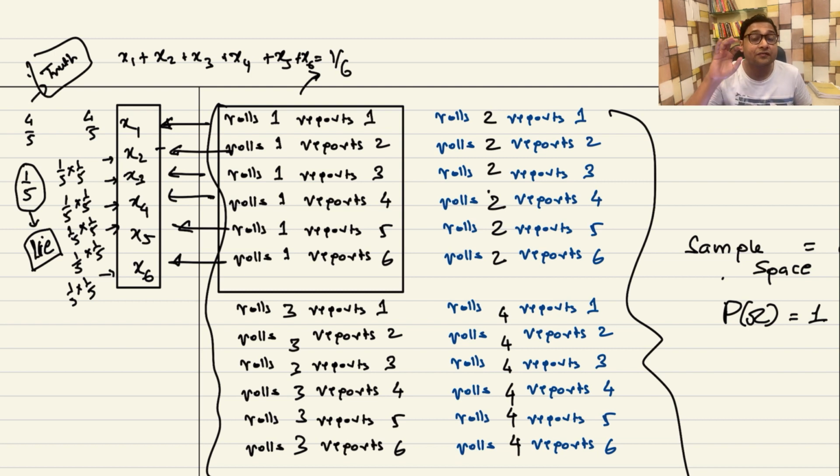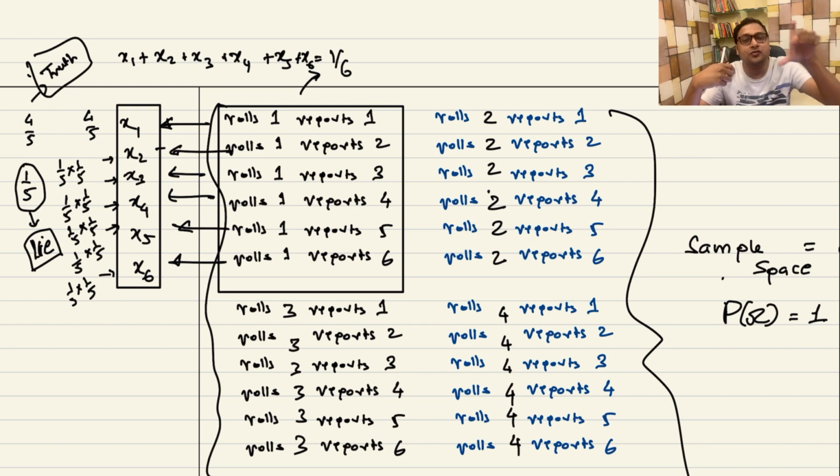This is a very, very important point. The probability of lying is 1/5. That happens in 5 different ways: rolls 1 reports 2, rolls 1 reports 3, rolls 1 reports 4, and so on. So that 1/5 probability of lying is distributed into 5 equal cases.